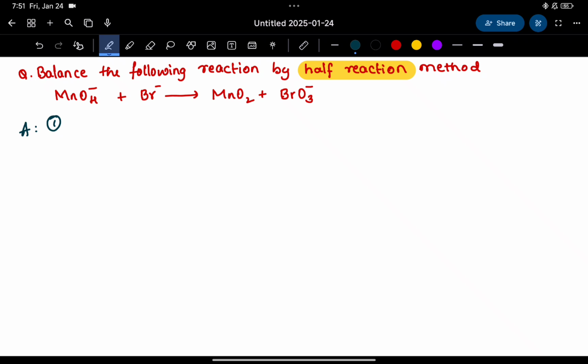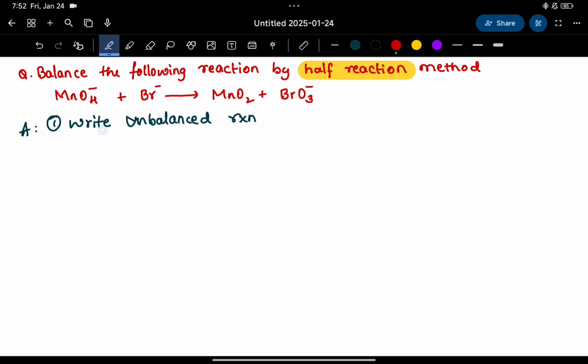So we have discussed balancing by the oxidation number method. We'll also discuss balancing by the half reaction method. In the half reaction method, this is the question we need to balance. The first step is the same: write the unbalanced reaction first. We have this reaction anyway, I'll keep it as it is.